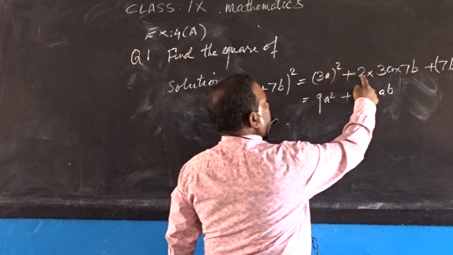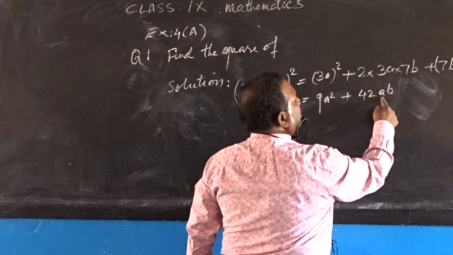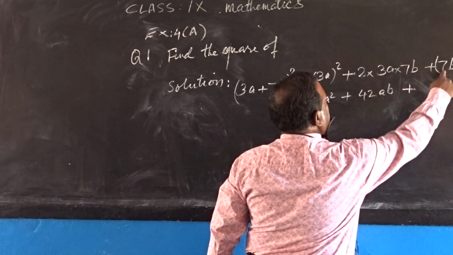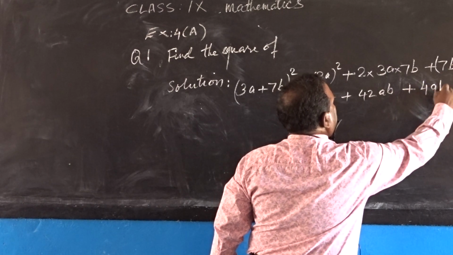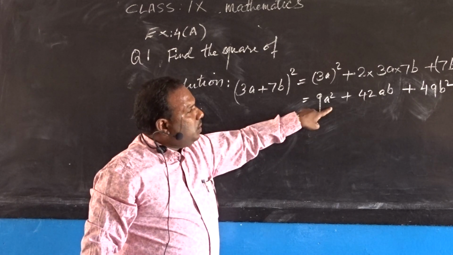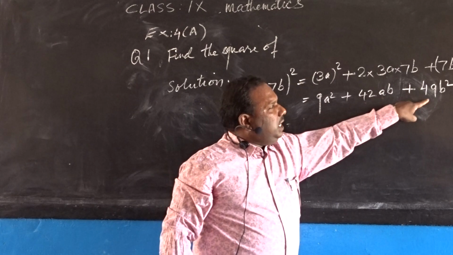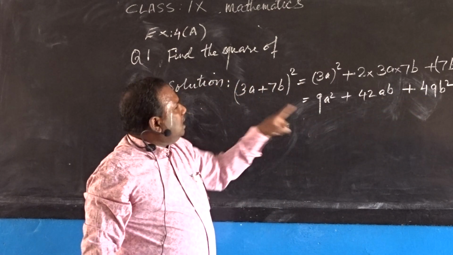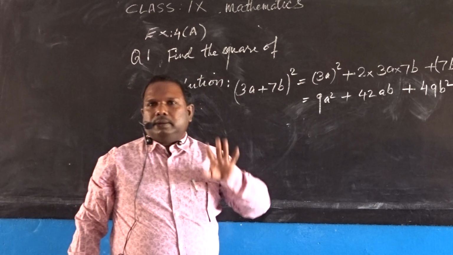We multiply these numbers, we get 42ab, plus on squaring 7b we get 49b square. Therefore we can say 9a square plus 42ab plus 49b square is the expansion of 3a plus 7b whole square.